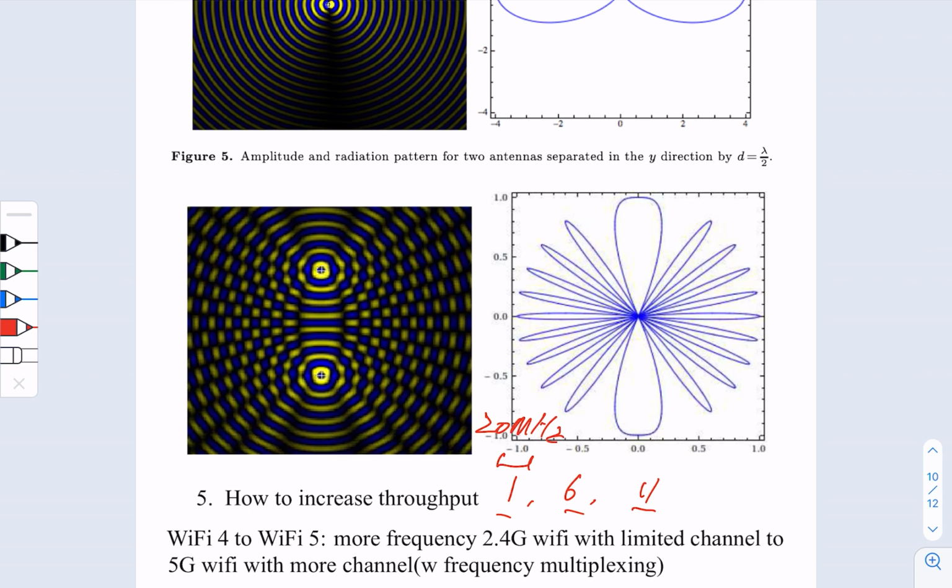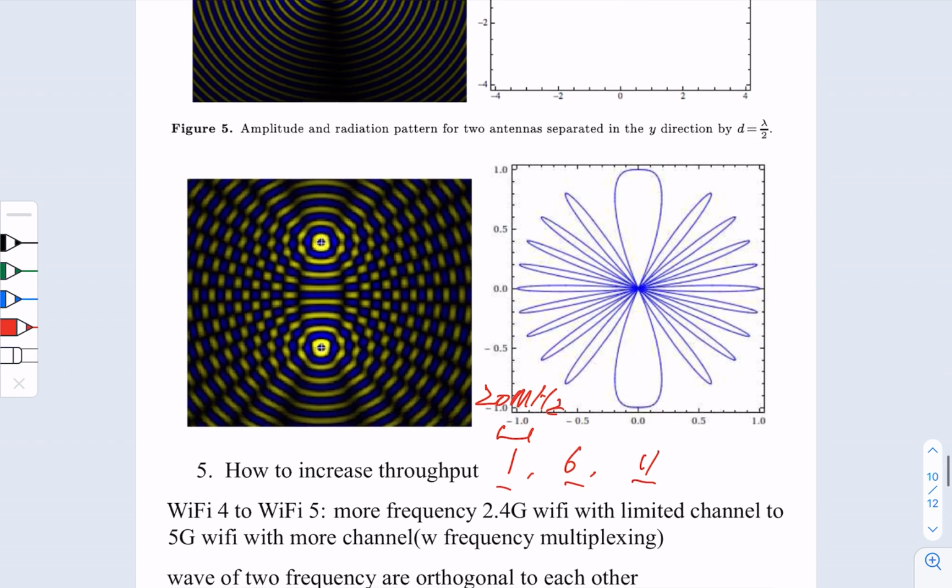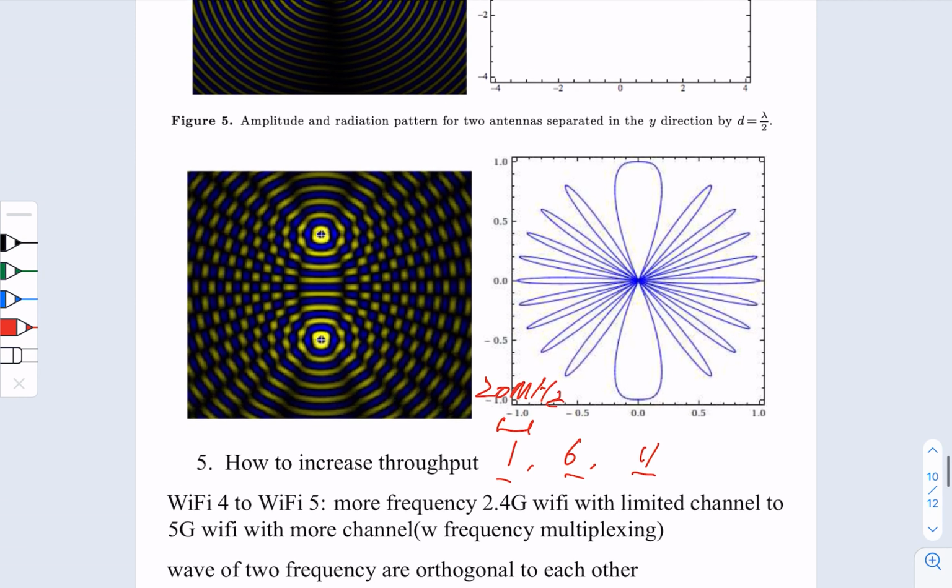Here in 2.4 gigahertz Wi-Fi, the width of this channel is limited, so you don't have many frequency choices. But in 5G Wi-Fi, you are provided more selection of channels, which gives you more throughput, or you can carry more information from it.